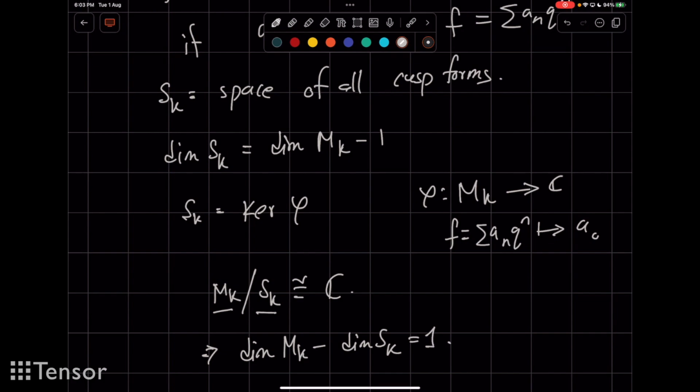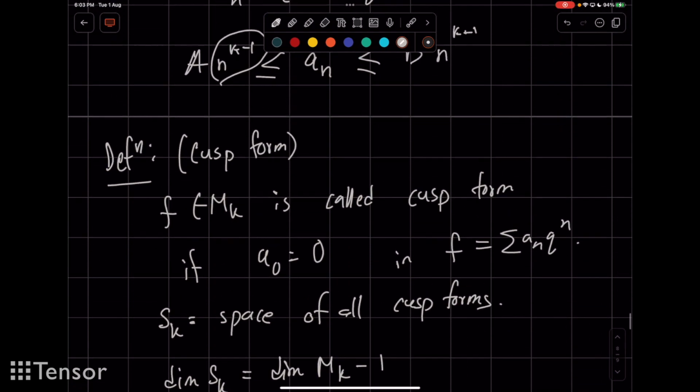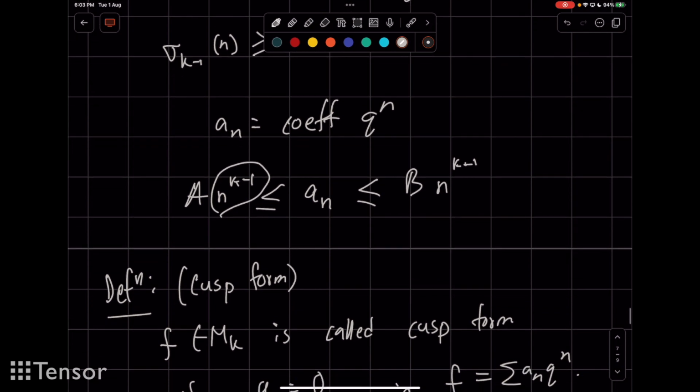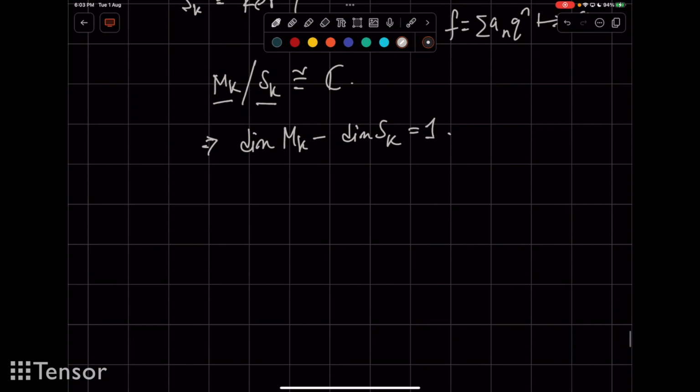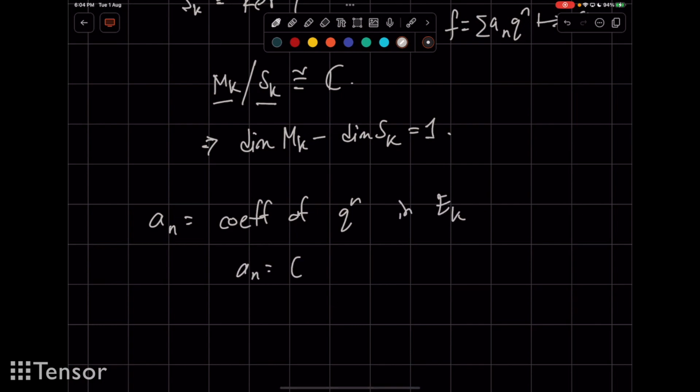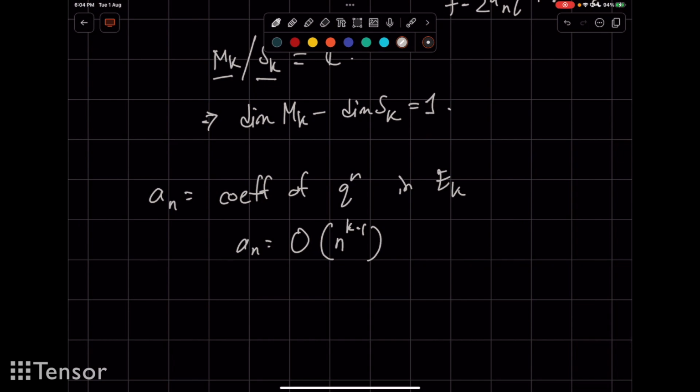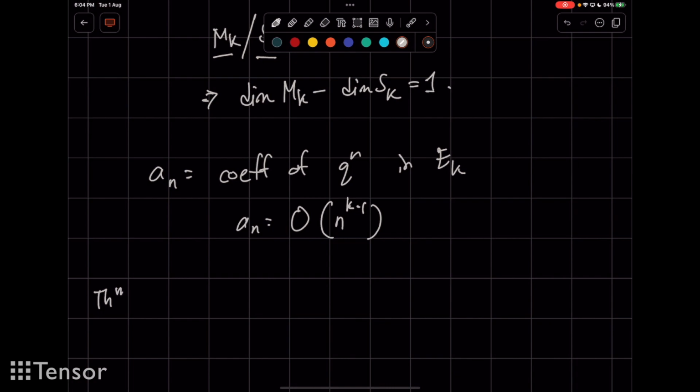Okay. So we have just seen that if a_n is the coefficient of q to the n in E_k, then a_n grows like n to the k minus 1, right? Now we are going to prove a result for cusp forms. So let's state it.